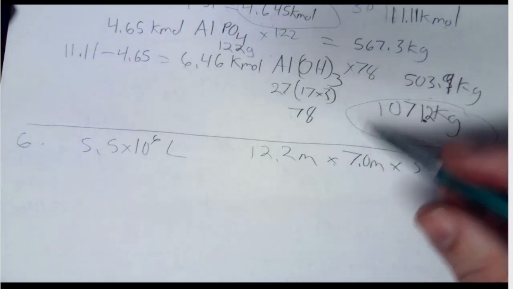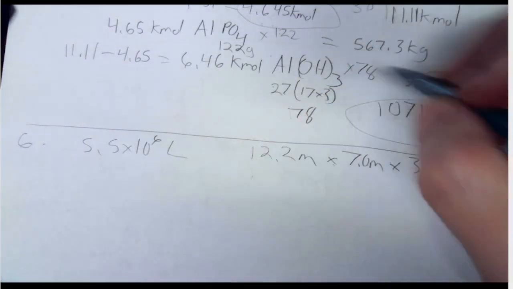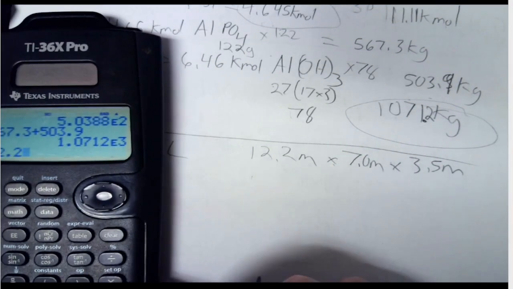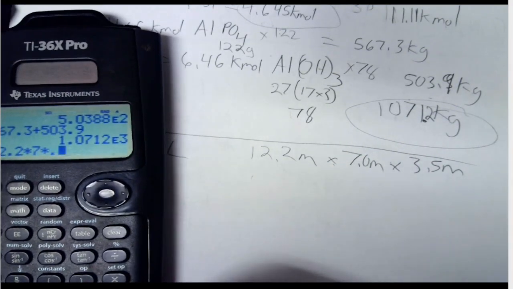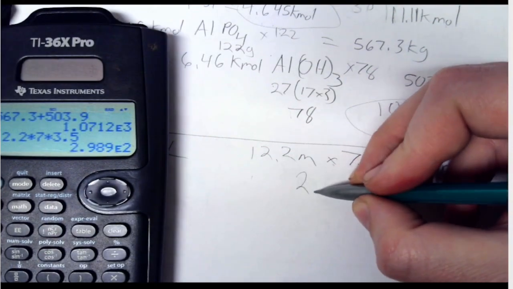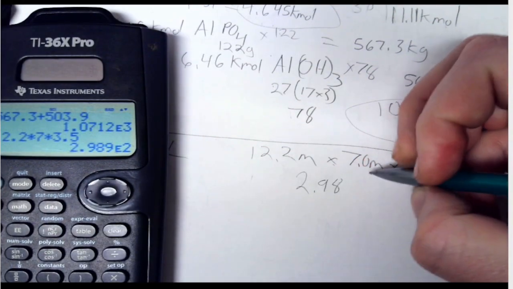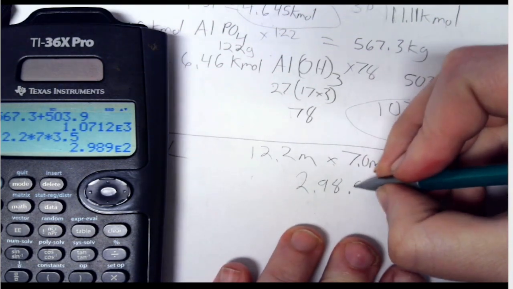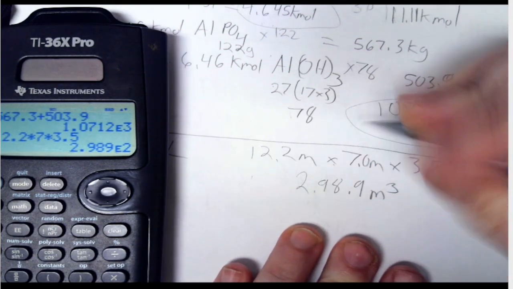So step 1 is to calculate the volume, which is just length times width times height. So 12.2 times 7 times 3.5. That is 298.9 meters cubed.